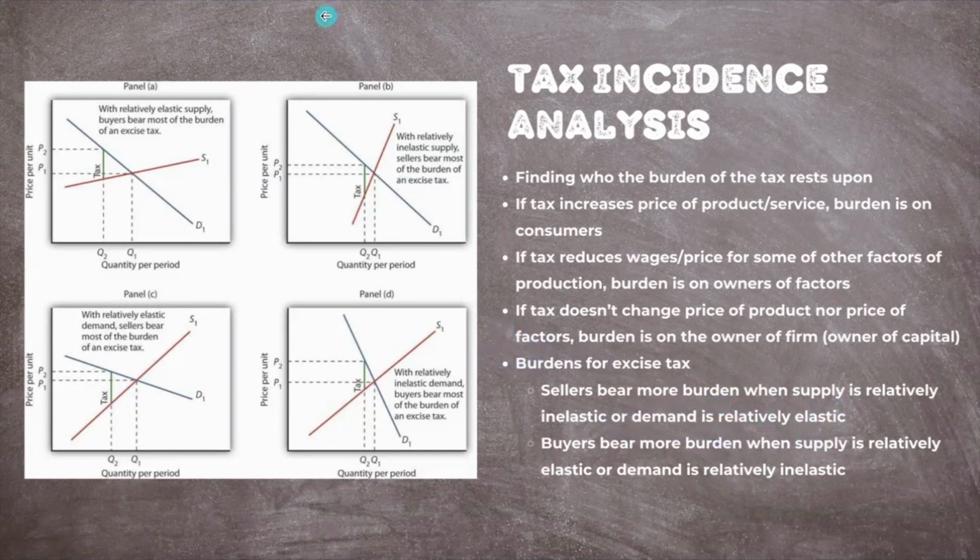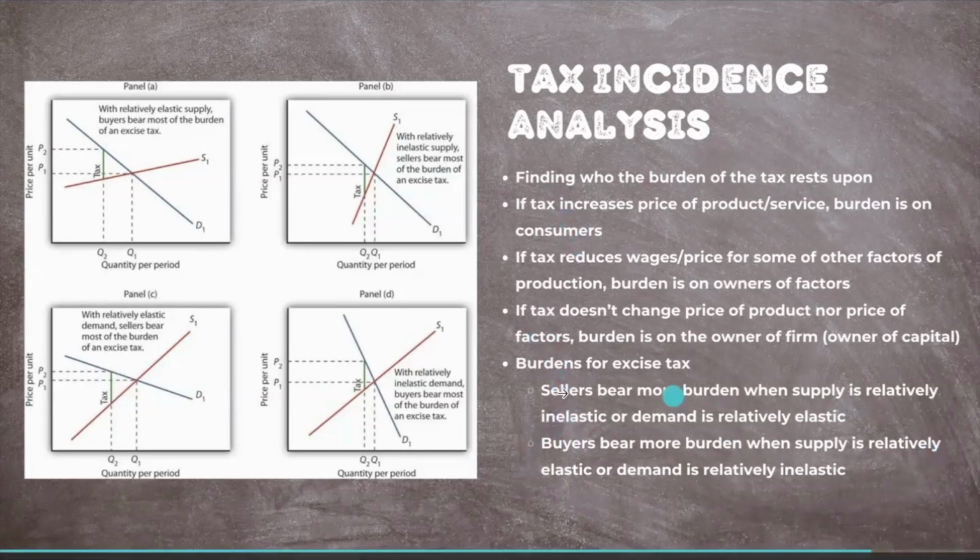So you could see this in panel B, relatively inelastic supply, and relatively elastic demand in panel C. So panel B and panel C show that the producer takes up more of the burden for the tax. You can see that more of the tax is under the original price, so that is paid for more by the seller.